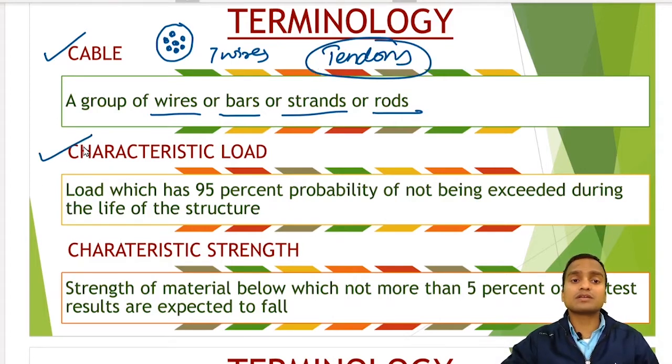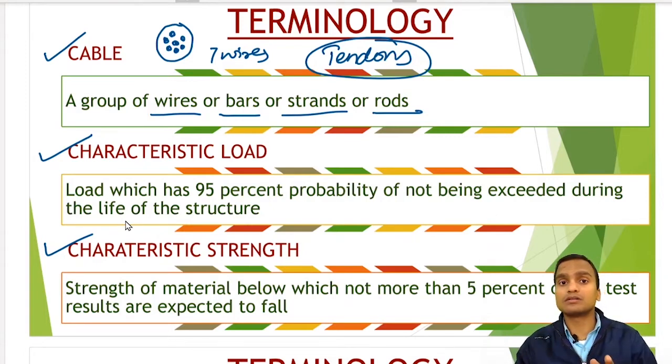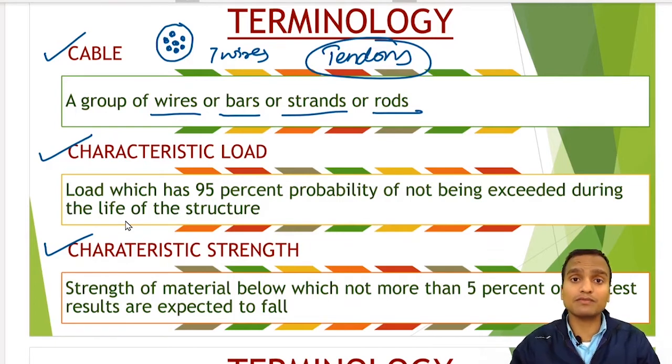Now the next term is characteristic load and characteristic strength. Both of these terms you must be familiar with from the RCC course. Characteristic load means the load which has 95% probability of not being exceeded during the entire lifespan of a structure.